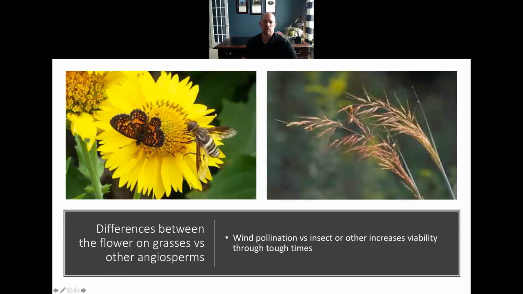So what are the differences between the flower on grasses and other angiosperms? Well, it comes down to this: wind pollination versus insect or other vectors. Wind pollination is extremely important to grass.